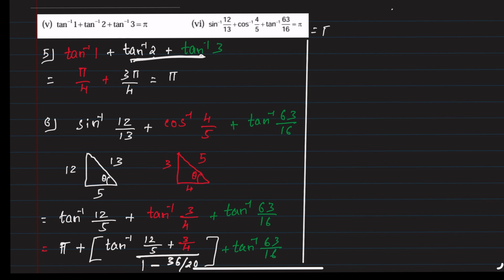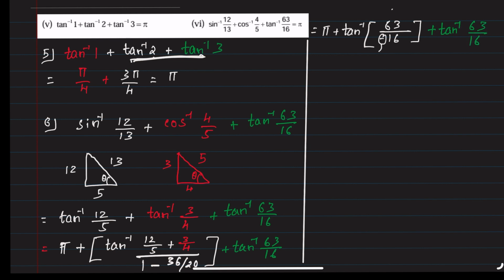Equals pi plus tan inverse of 48 plus 15 will be 63, 63 by 20 upon 20 minus 36 will be minus 16 by 20. 20 cancels out. Plus the third term remains as it is, tan inverse 63 by 16.